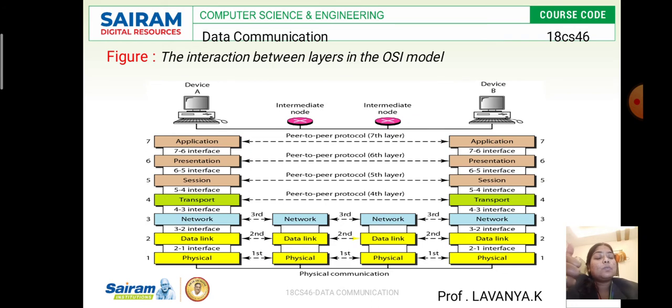And what are the responsibilities of the data link layer? The first is framing, the second is physical addressing, the third is flow control, then error control and access control.